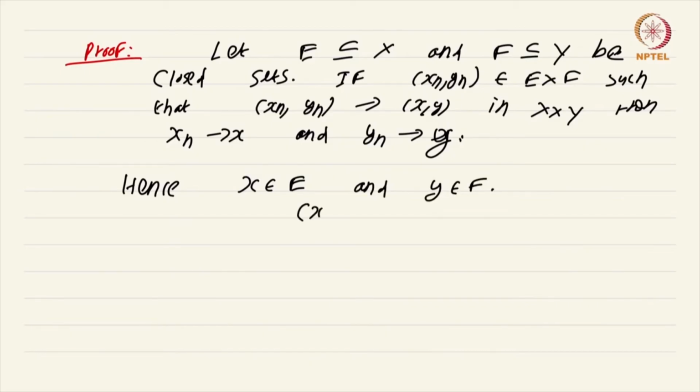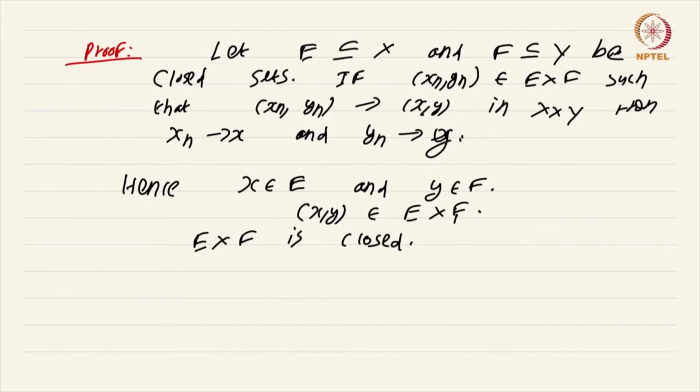Consequently, (x, y) is in E cross F. What this shows is that E cross F is closed. The product of a closed set in X and a closed set in Y is closed, because we have shown that if you take an adherent point (x, y) of E cross F, then that adherent point is in E cross F.